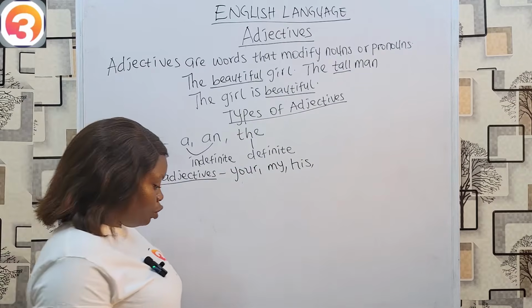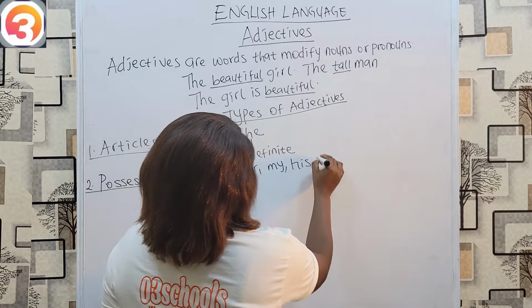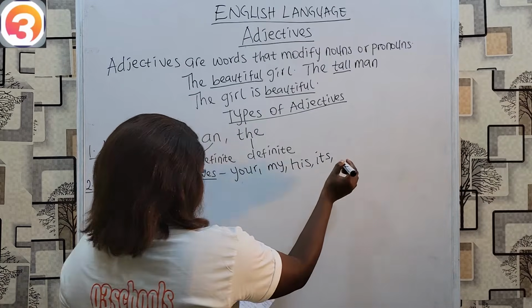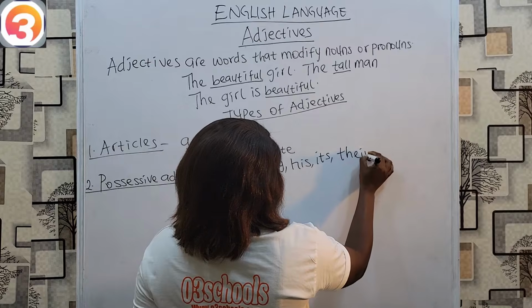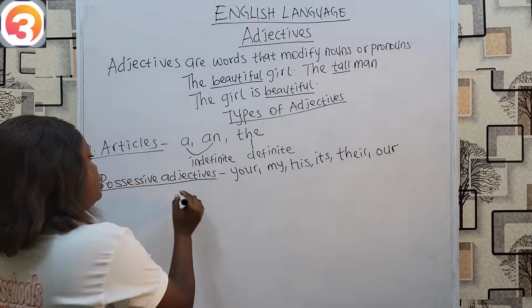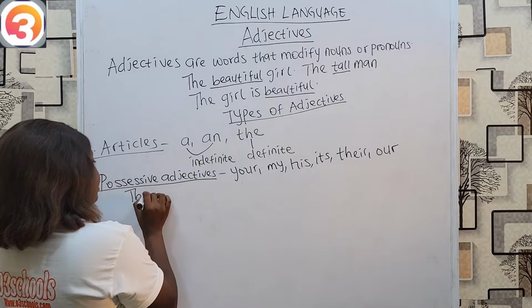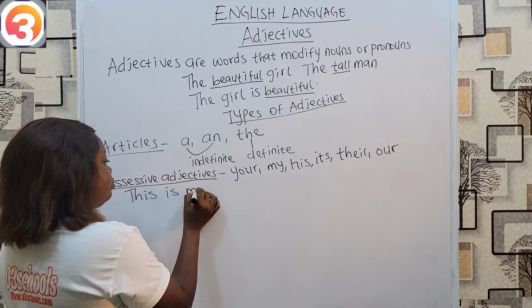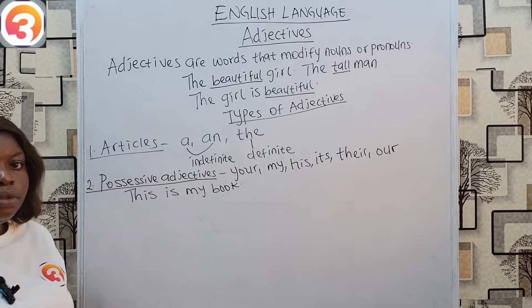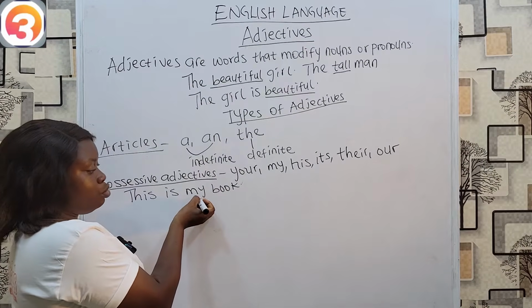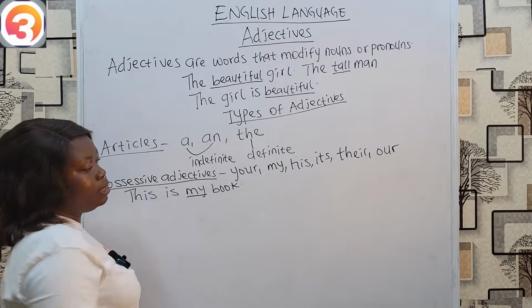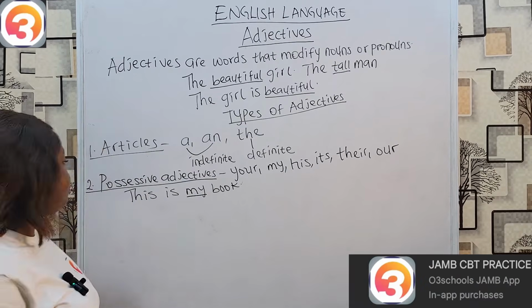Those are examples of possessive adjectives, also its, their, our. So you can say this is my book, for example. Telling you that the book belongs to me. My here is standing as a possessive adjective.